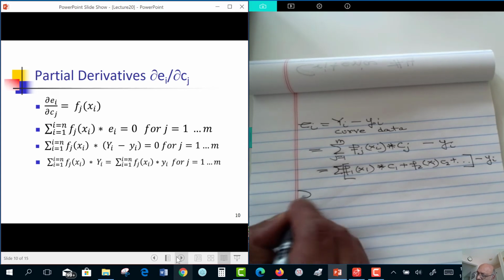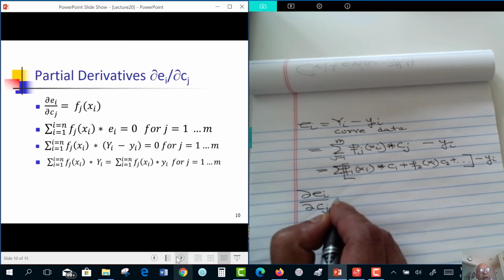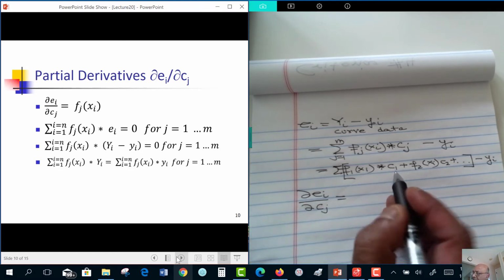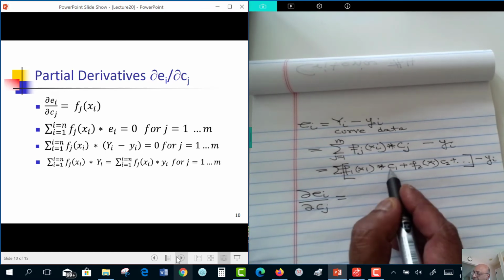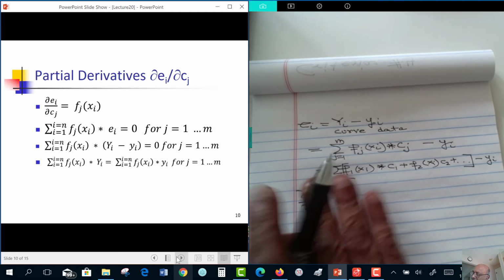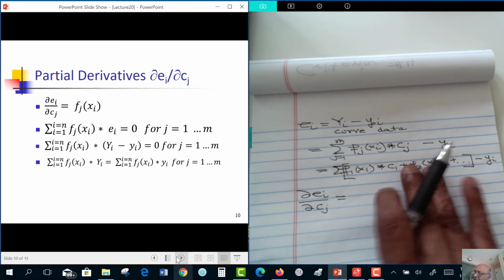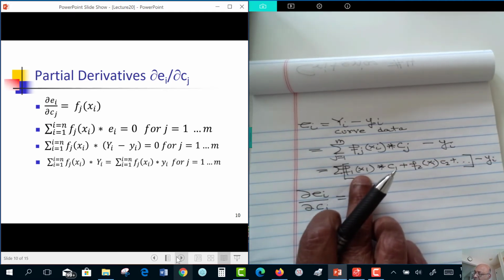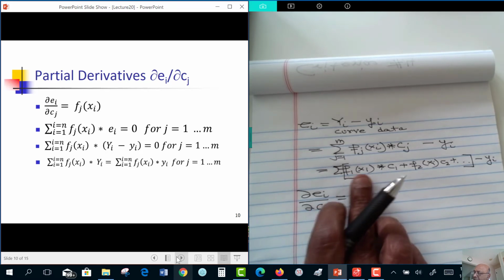All right, so when we take derivative with respect to some c, what will happen? Let's suppose it's c1. Suppose we are taking derivative with respect to c1. There is no other term which contains c1 except this. So this one would be f1 of xi.